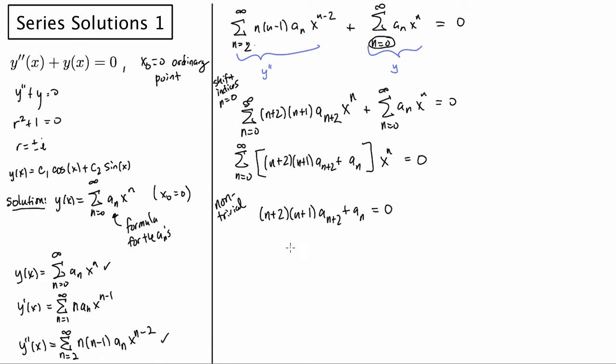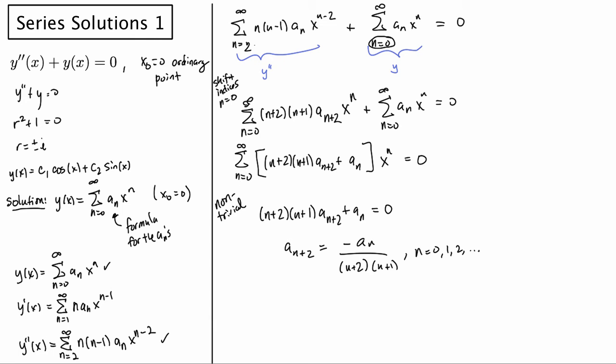So if I solve this for a sub n plus 2, which usually we solve for the largest coefficient present there, then this is minus a sub n over n plus 2, n plus 1, and this relationship is valid starting at n equals 0, 1, 2, and so on, because my sum starts at 0, 1, 2, and so on.